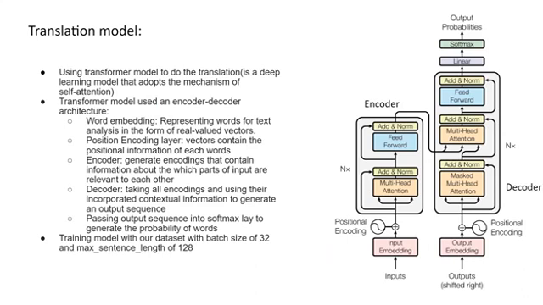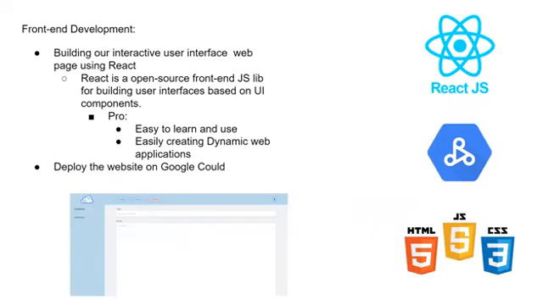Then the encoder will generate the encoding that contains information about the correlation between words. And the decoder will take all encodings and use their incorporated contextual information to generate an output sequence. After that, the output sequence will be passed into the softmax layer to make a prediction of words.